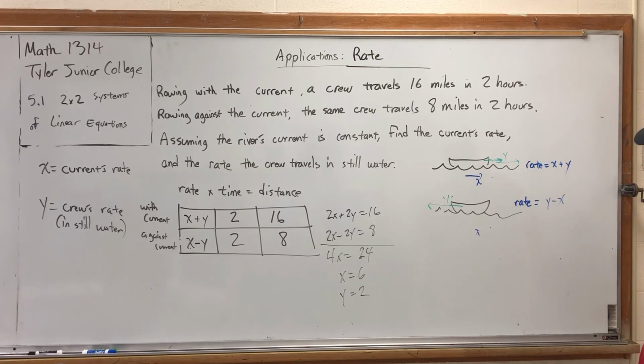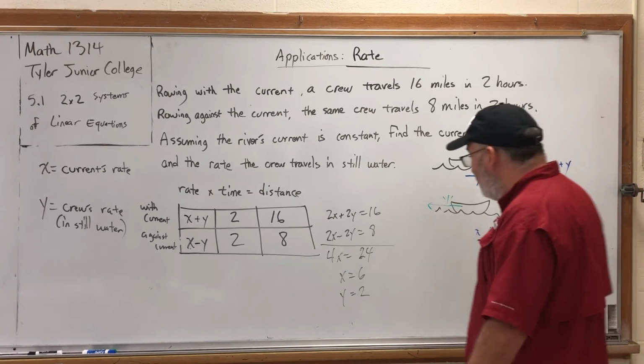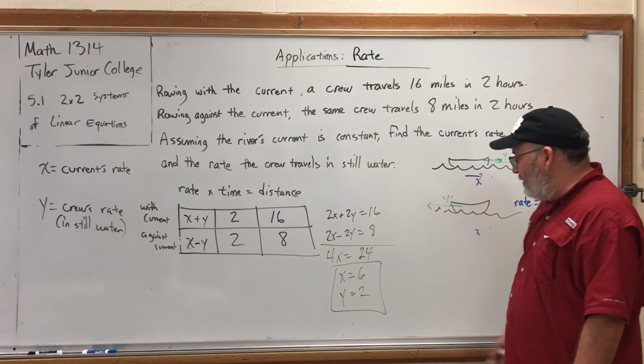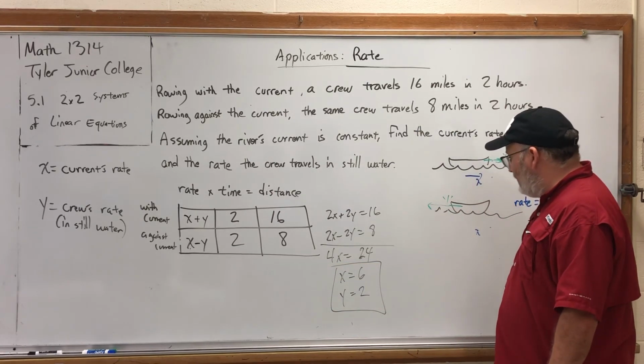That was the same answer we got before, wasn't it? Yes, but notice we got them backwards, that the river is going 6 miles per hour and the crew is going 2 miles per hour.